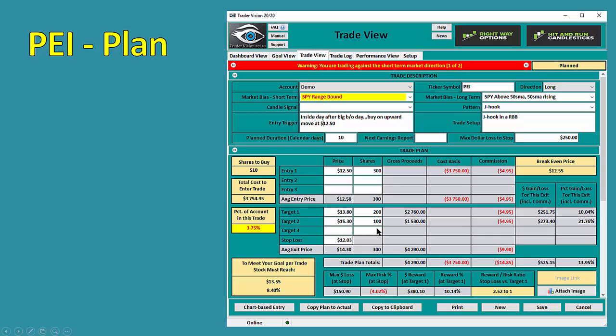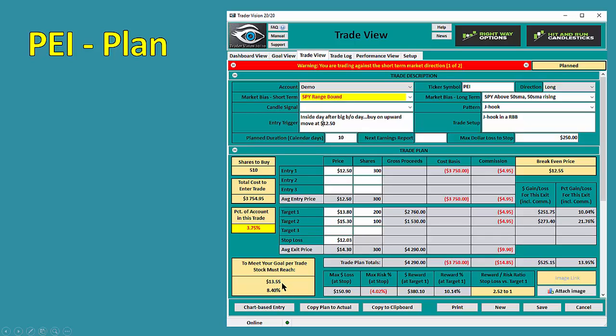That's going to get me well within my parameters for reaching my goals. Worst case, I'm risking 4%, so I'm going to be below my loss. If you'll recall, my maximum loss was $150, so I'm going to be below that, even including commissions.